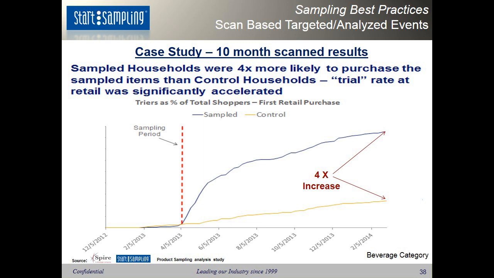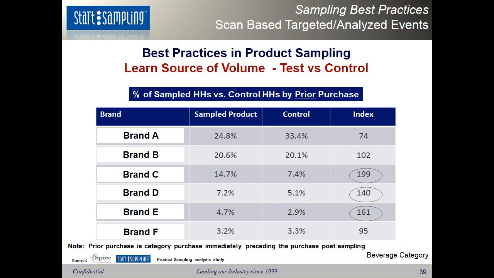It's starting, but the worst that happens is you read it in an individual channel like this as a grocery read, you know it's understated because some portion of the purchasing of that sampling program happened outside of the store. So you're starting to see this kind of information become available and being used, and classic information like source of volume.